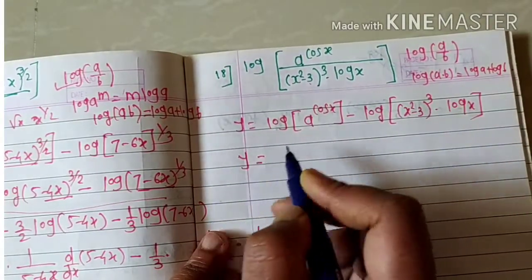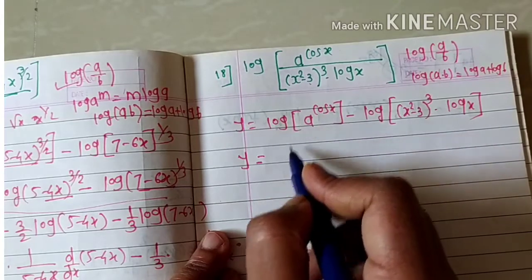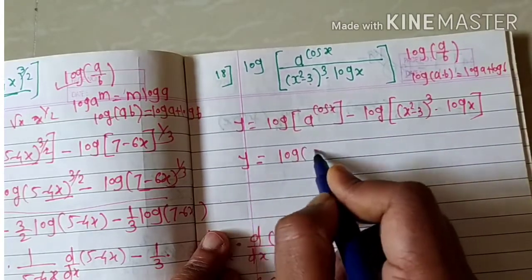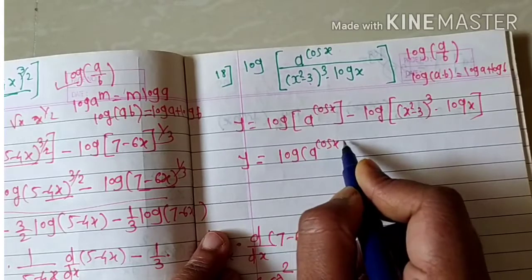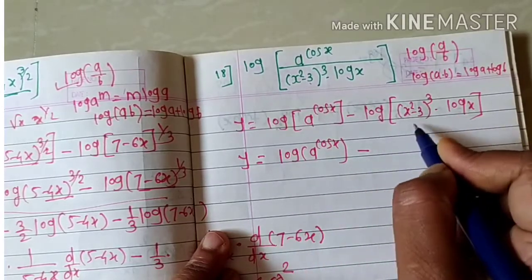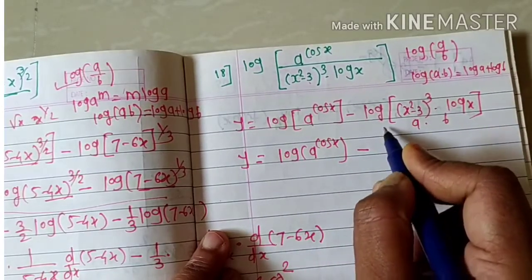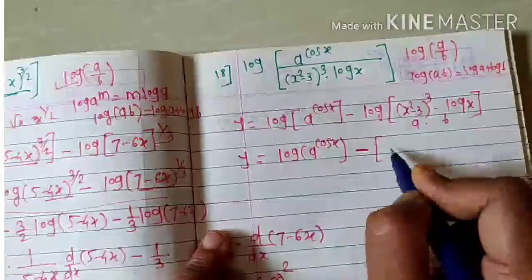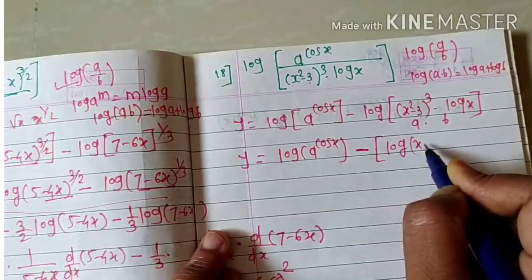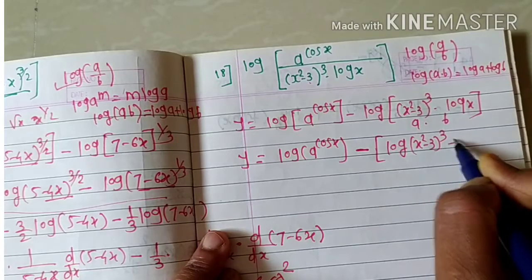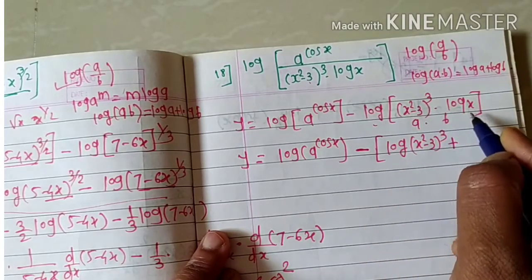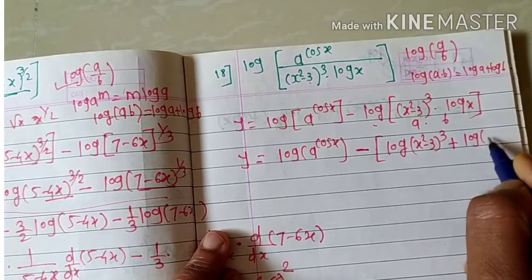Therefore, y is equal to log of a raised to cos x. Next, apply the log a into b property here, means log a plus log b, here minus, and outside, log of x square minus 3 cube, and here log into b is log x, means log of log x.